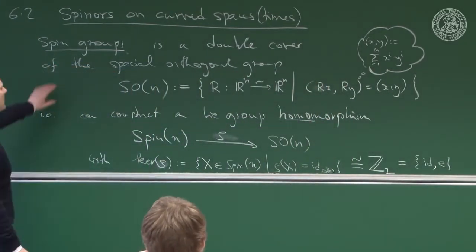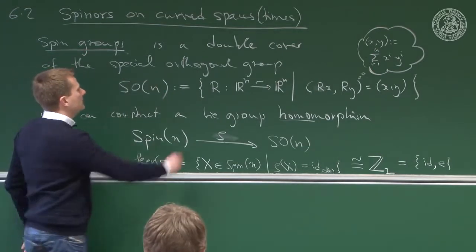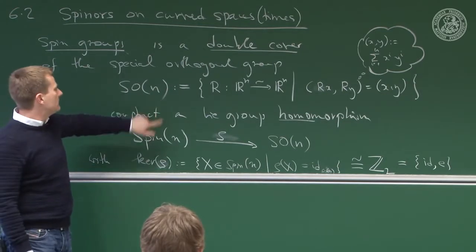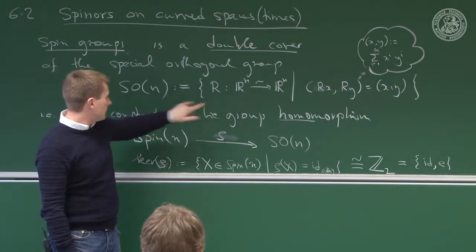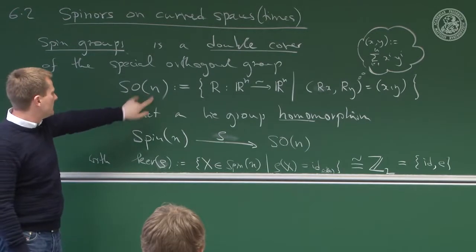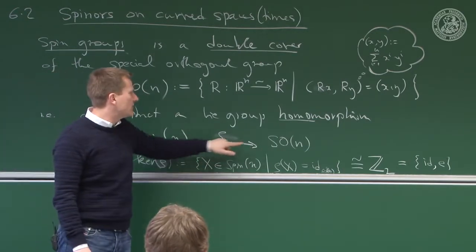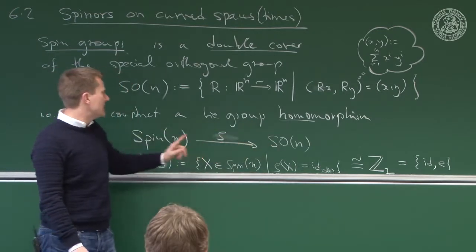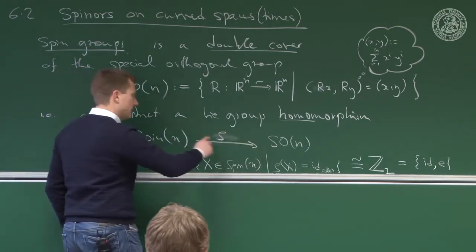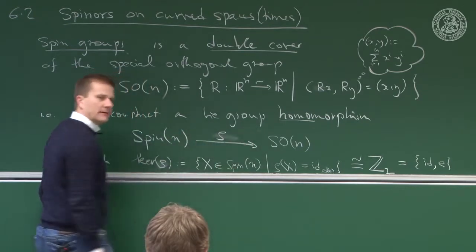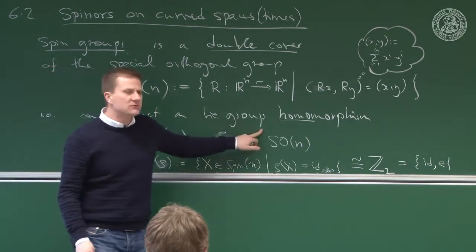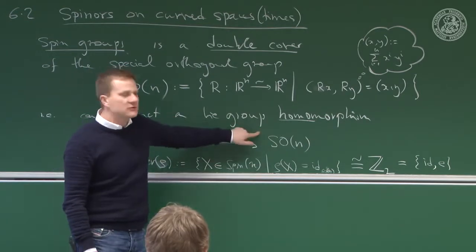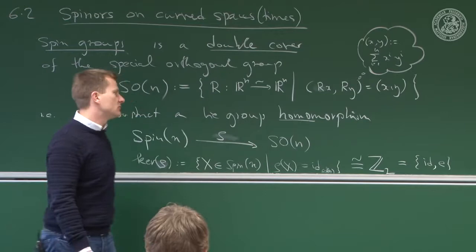So again, a spin group is a double cover, and this double cover in the Lie group sense here simply means, in this context of SO(n), that you have a Lie group homomorphism which has a kernel with two elements. In other words, this map is 2 to 1. So there are two here that map to the same over here, and there are always pairs that map to the same.